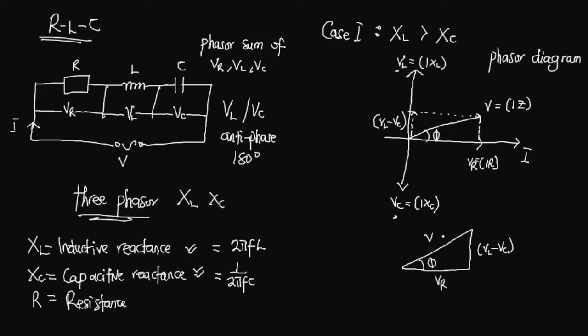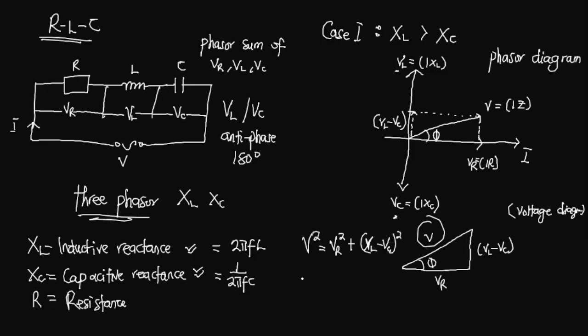This is what we call the voltage diagram. So one of the things we can get is the voltage diagram. Now, from the voltage diagram, if we want to find the V, we use Pythagoras theorem, which means V squared will be equal to VR squared plus (VL minus VC) squared.